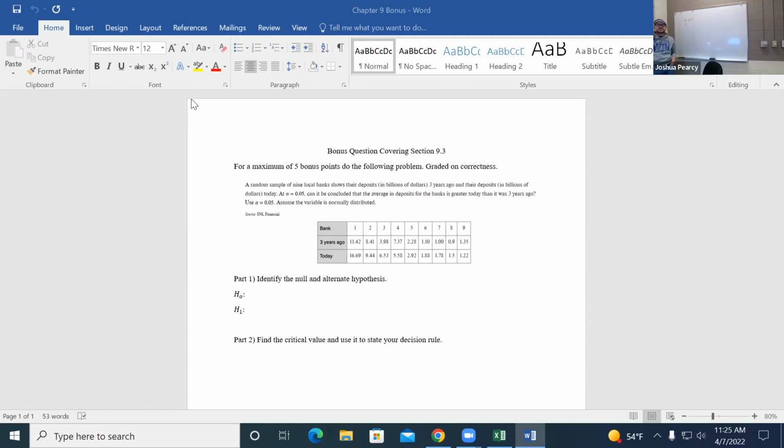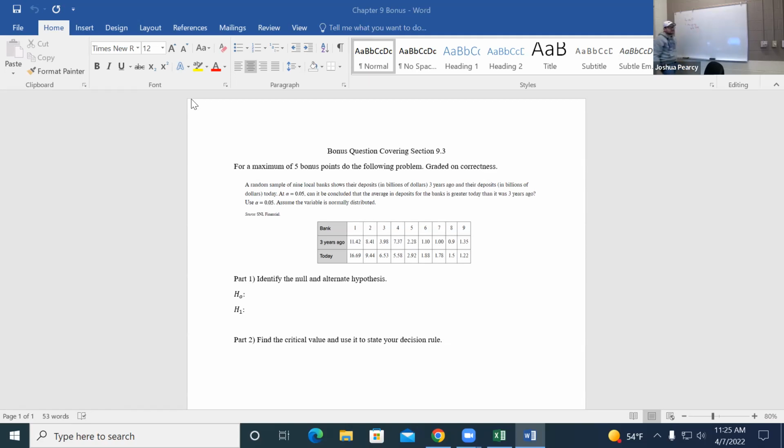It's less than. So we're saying that mu d is equal to mu1 minus mu2, right? Mu1 is going to represent the population mean deposits for 3 years ago, and mu2 will be today.